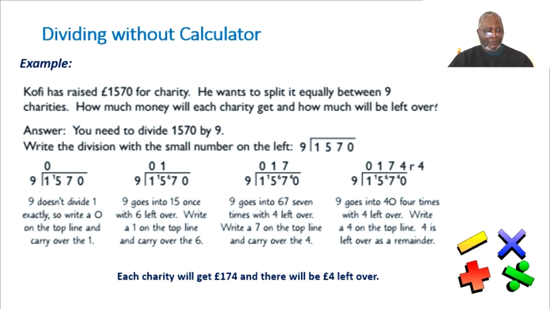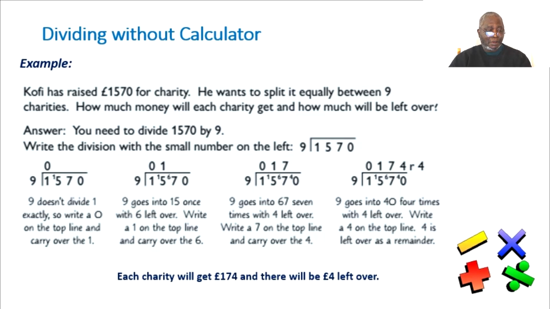Then you have the 4 steps starting from left to right, and there are notes underneath which explain what you do at each stage. In this case, once you've laid out your sum, you start dividing by 9. 1 divided by 9 you cannot, so you put a 0 and the 1 moves over to the 5, making it 15.